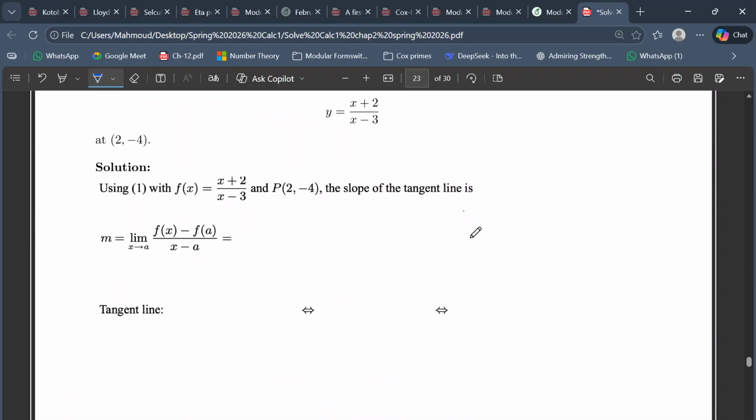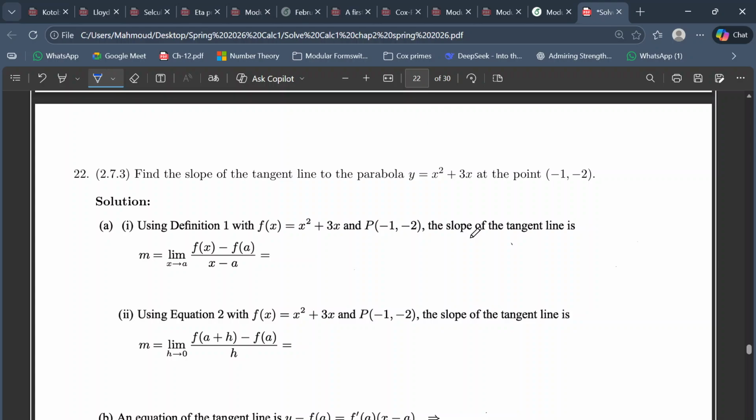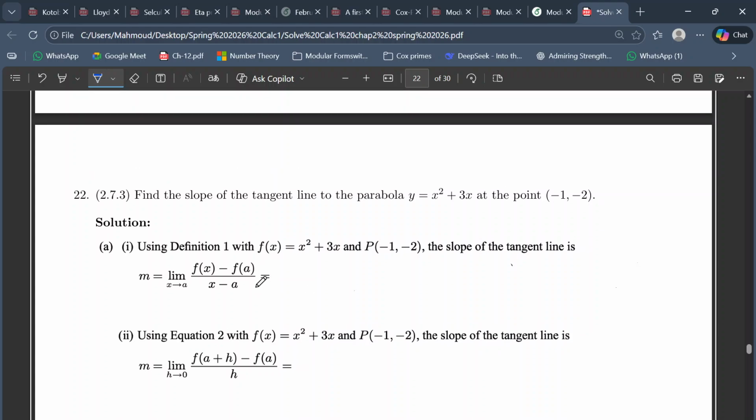I left the solution, I left just the formula. So first you need to find the slope and the point, right? What is the slope of the tangent line? We want to find it at this point, so f prime of minus 1 equals this slope, m.